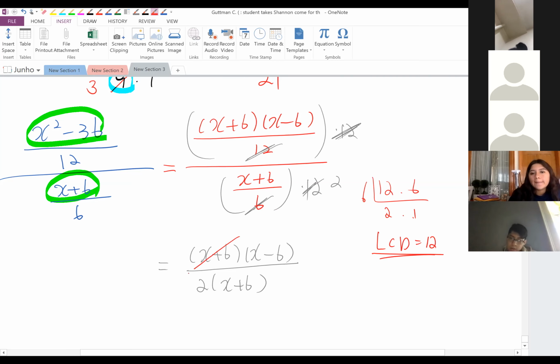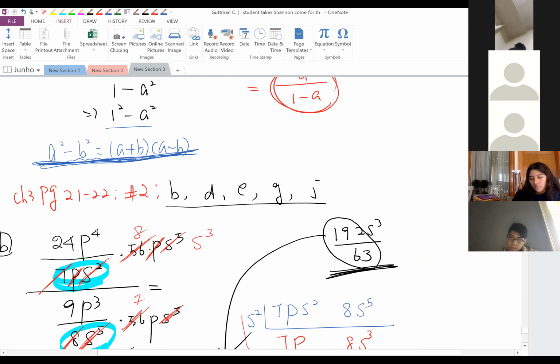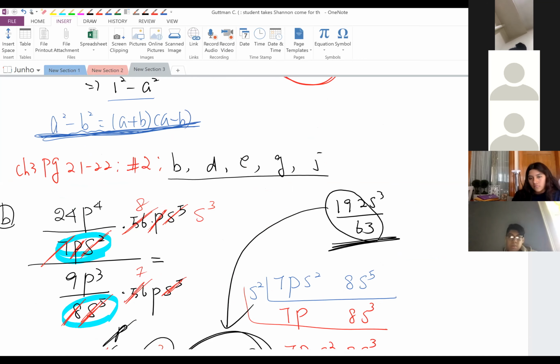Yeah, x plus 6. So it's gone, and the answer becomes x minus 6 over 2. That will be the answer for this problem. Okay? So then what was the next question? E.